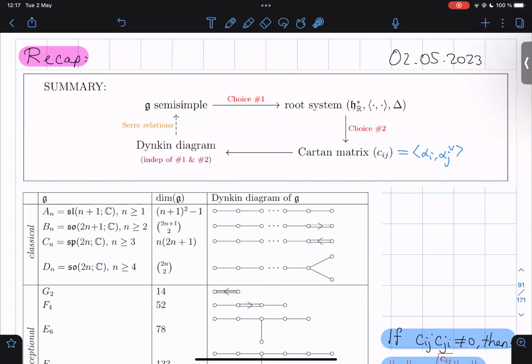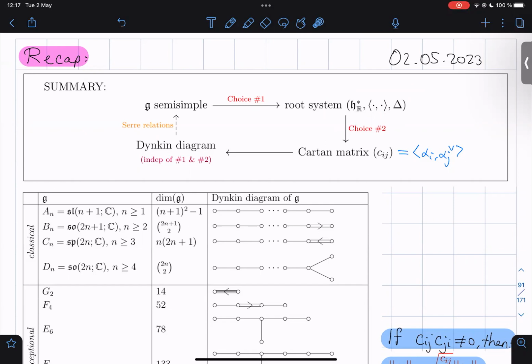But for any such choice, you have this data of the root system, roughly the eigenvalues associated to the action of H on G. But then there's also this pairing that comes from the Killing form on the Lie algebra G restricted to H. This is important because it gives rise to geometry on the space of roots or eigenvalues. So we'll go into some more detail today about these root systems.